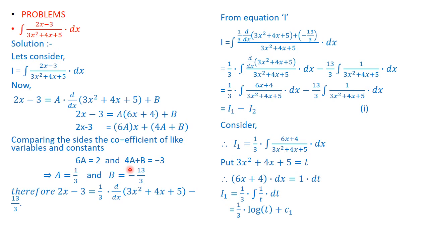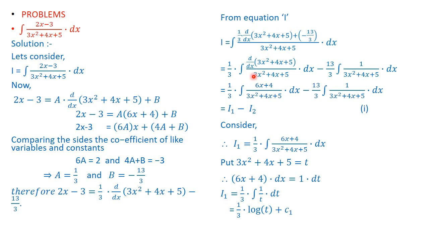Now we have a and b. Using these values of a and b in this equation, 2x minus 3 is equal to 1 by 3 into the derivative of the denominator minus 13 by 3, that is b. Then this integral becomes I is equal to 1 by 3 derivative of denominator plus minus 13 by 3.